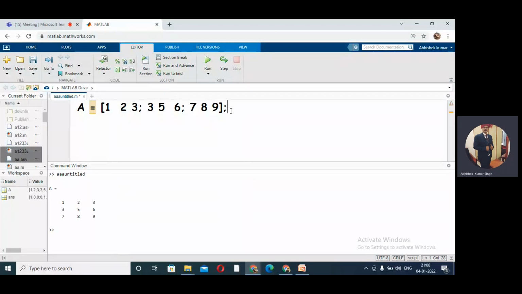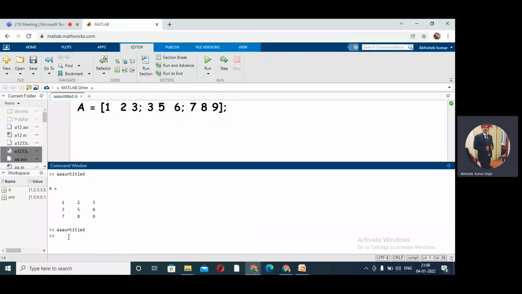And if I put a semicolon here, what will happen? If I run and see, yes, the matrix is not displaying in the command window. It means that the semicolon which we put at the end of this line suppresses the output.